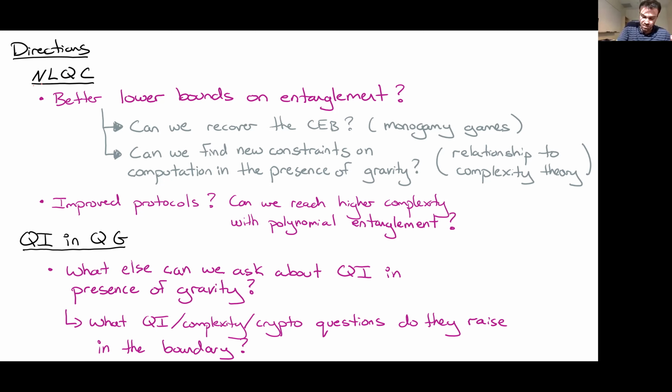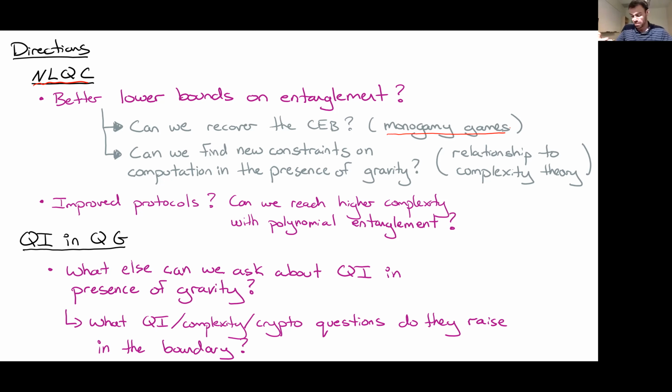One is to better understand this non-local quantum computation idea. There, I think the outstanding question, the most exciting target, is to try and prove lower bounds on entanglement. Two things there: one, to try and recover this consequence of the CEB with the correct numerical factors. The route forward there seems to be better understanding these monogamy games.